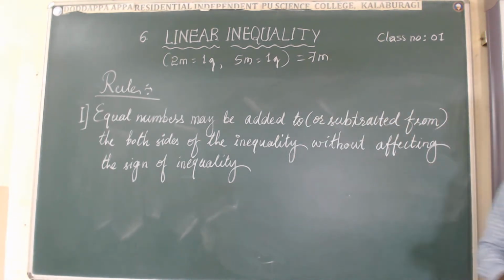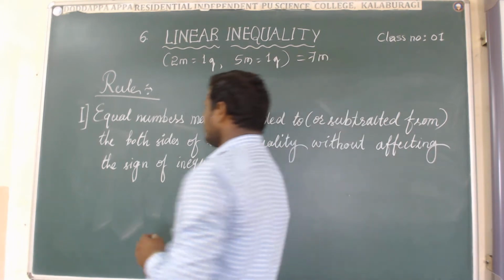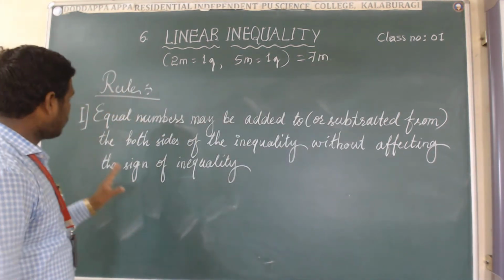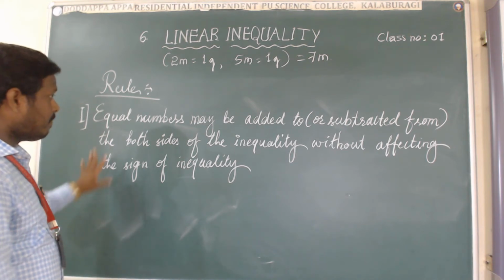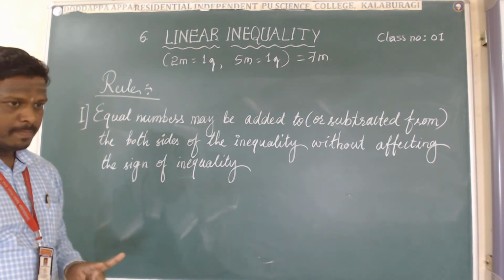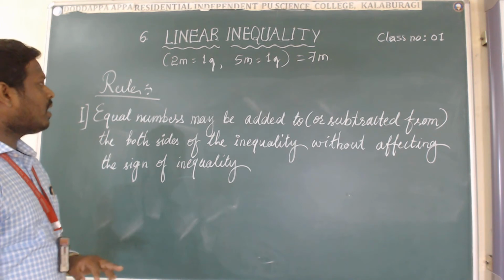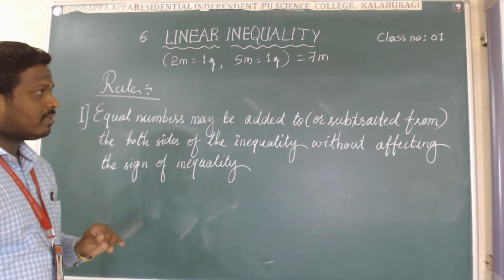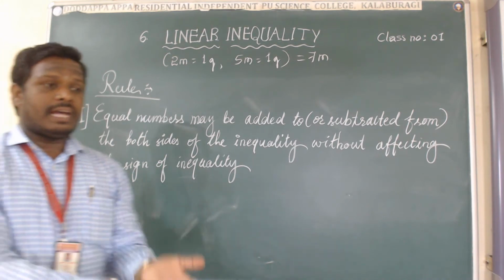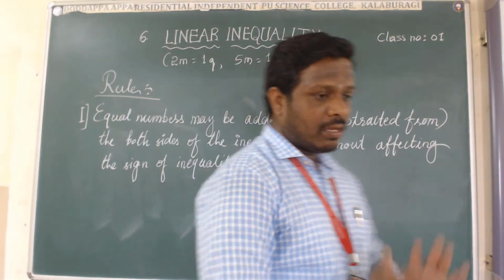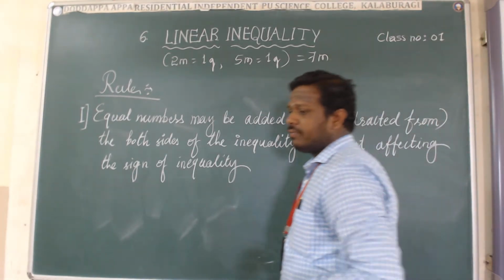What is the meaning of this first rule? First of all, we have to understand it. Equal numbers may be added or subtracted from both sides of the inequality without affecting the sign of inequality. What is the meaning of this statement?